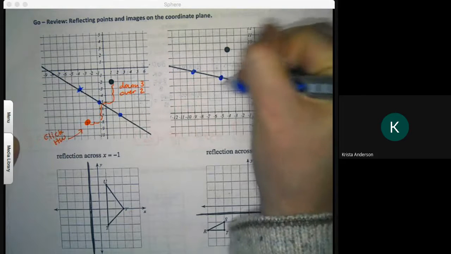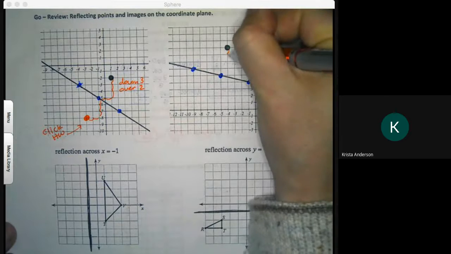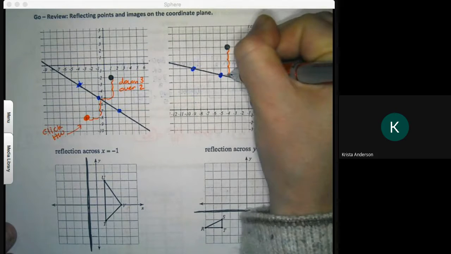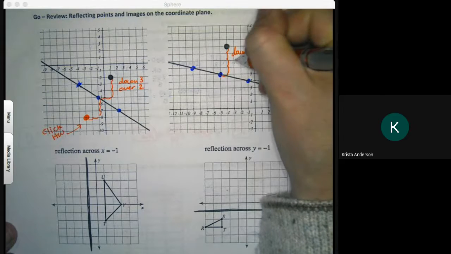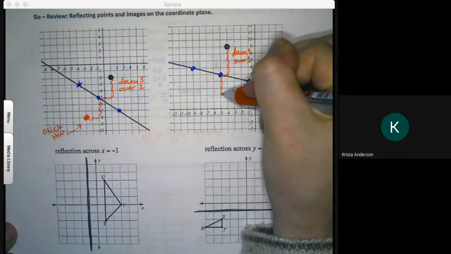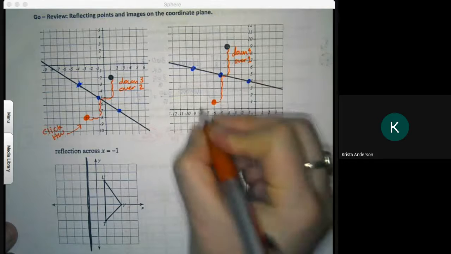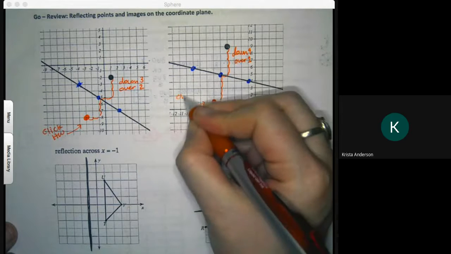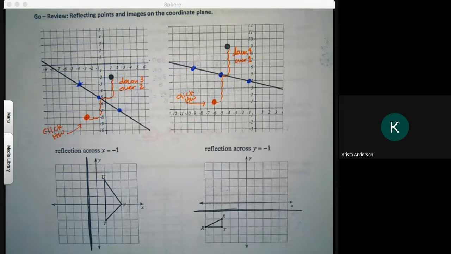So I'm going to use this blue point that I'm imagining and go down 1, 2, 3, 4, back 1. This is where I would click for your homework. That would be your point once you reflect it.